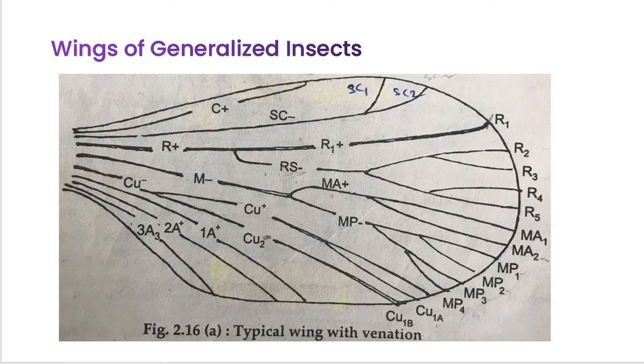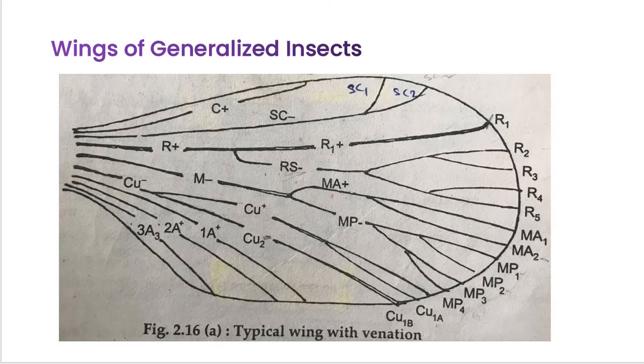Okay, now with each of the major veins, here you can see in the diagram of the wing that different types of veins are there, right? So here each vein gets supported by nerves or trachea, right? Such nerves and trachea get connected with the hemocoel.